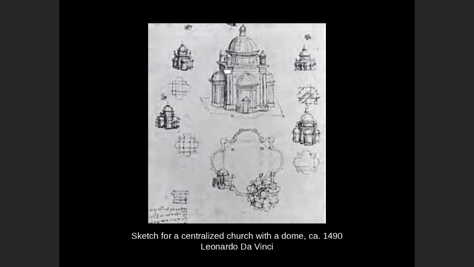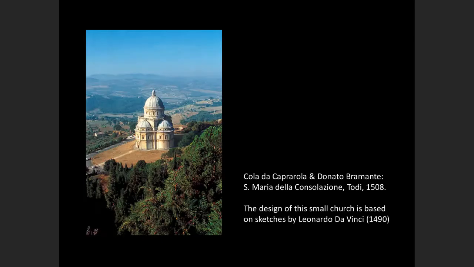And you can see it's basically a cube with a dome on top, four smaller little towers on the sides, and then a Greek cross plan. You can see the plan right here towards the bottom, with sort of rounded, half-domed chapels that extend out the sides. And if we go back to the image of the church, we see almost exactly this design. We got a little cube base with these rounded sides to create the Greek cross, the half domes, and then a very classical Renaissance dome on top.